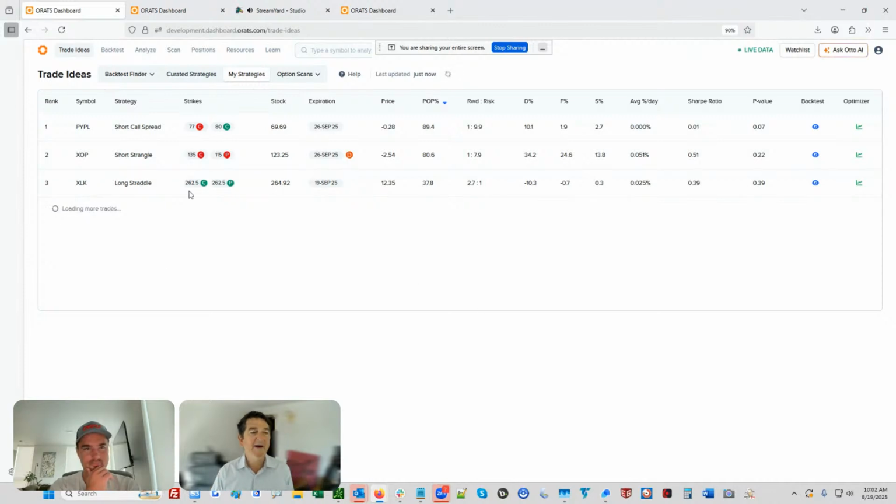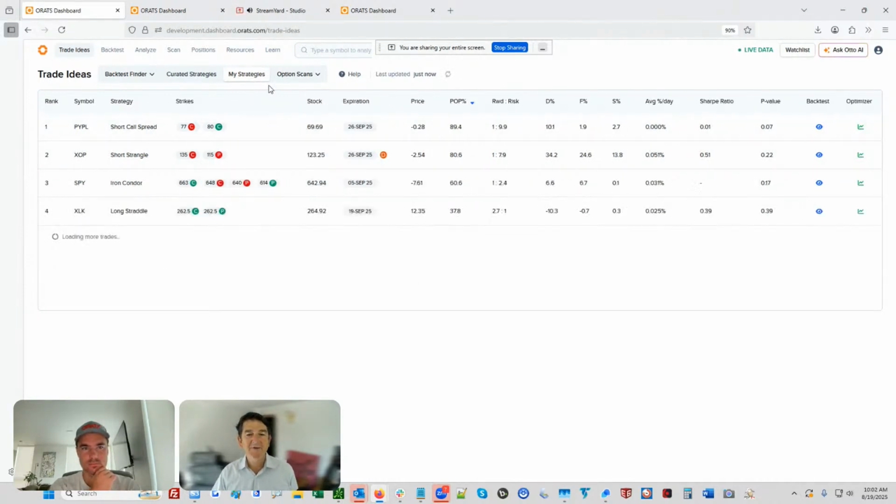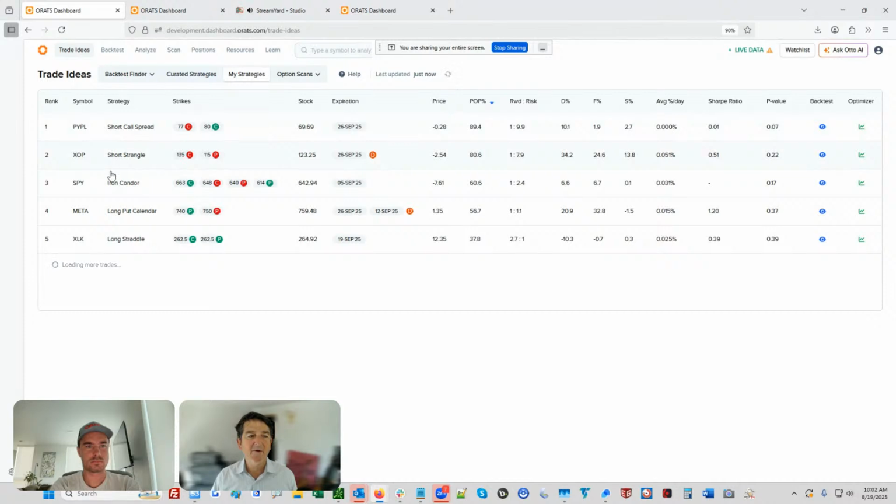Yeah. So the final answer is this. I have these strategies that I've saved. They have Sharpe ratios that I look at. They have p-values that I look at. Those are what we're going to be trying to either find or optimize. Right now, the trade ideas tab brings the actual trades that meet all the criteria.